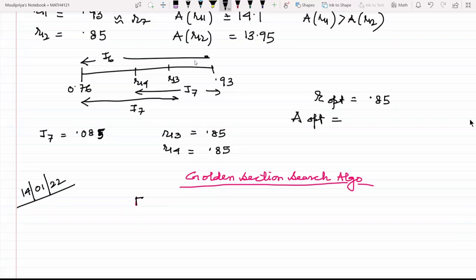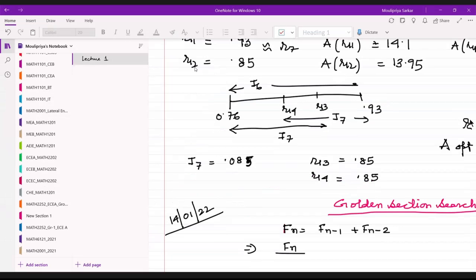So we know that Fn is equal to Fn minus 1 plus Fn minus 2. Right? This is by the recurrence relation of the Fibonacci sequence. And from this we can write, I hope you can see my OneNote.